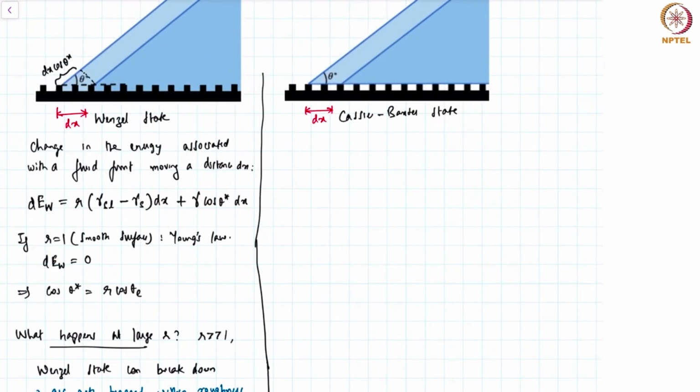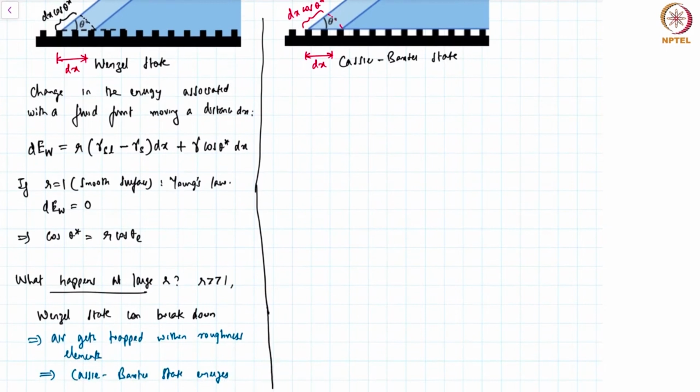We have moved the interface by a distance dx, and this leads to creating an excess area on the liquid-gas interface, that is dx cosine of theta star. Now in this case, the fluid does not impregnate the entire surface, but it leaves some trapped air in between.